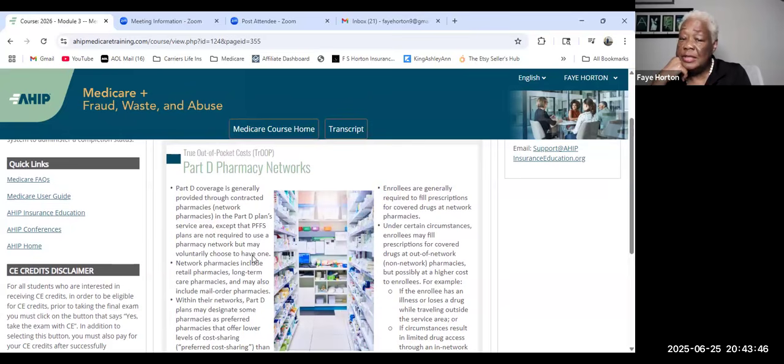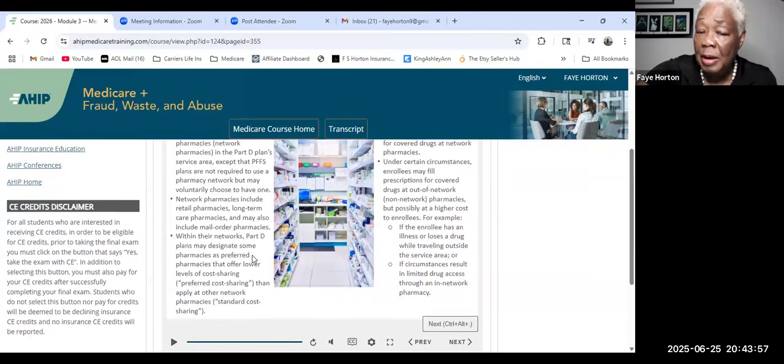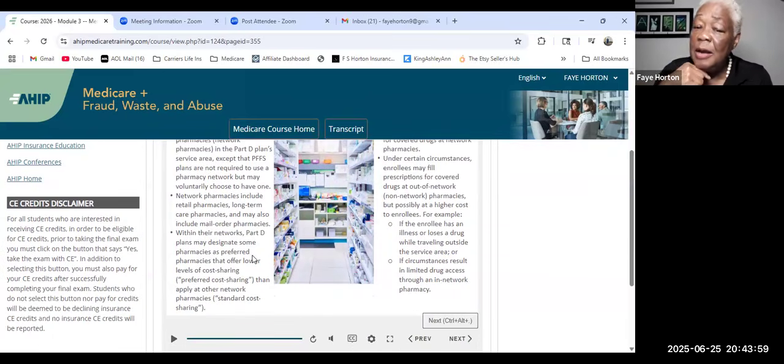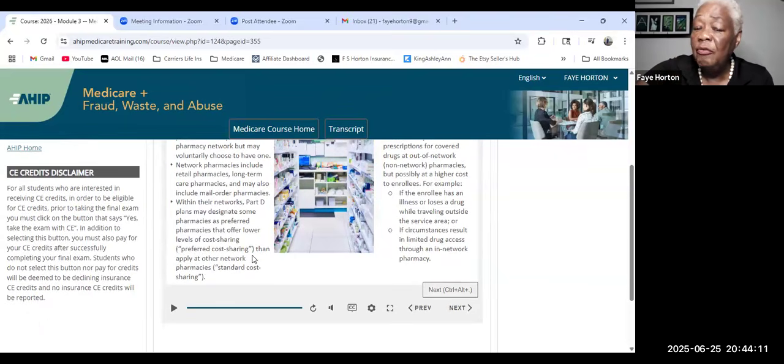Under certain circumstances, enrollees may fill prescriptions for covered drugs at out-of-network, non-network pharmacies, but possibly at a higher price. For example, if the enrollee has an illness or loses a drug while traveling outside the service area, or if the circumstances result in limited drug access through an in-network pharmacy.